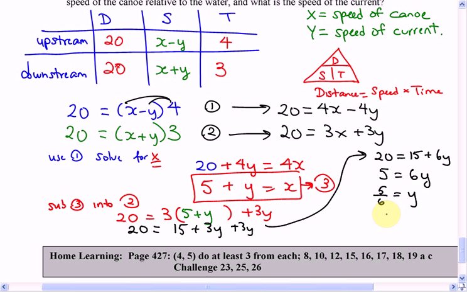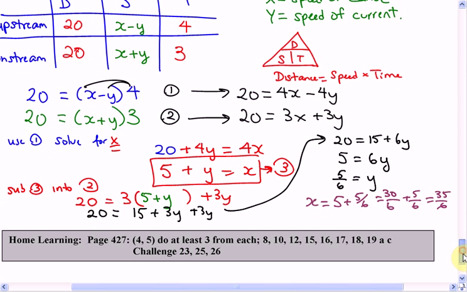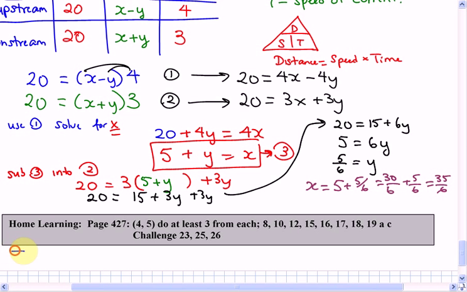And this is in kilometers per hour. And so therefore x must be the speed of the canoe. You can add that, and if you want to write this as a fraction, how about an improper fraction? That's 35 over 6. So to finish this off, I'll do this underneath. The speed of the canoe is the x value.